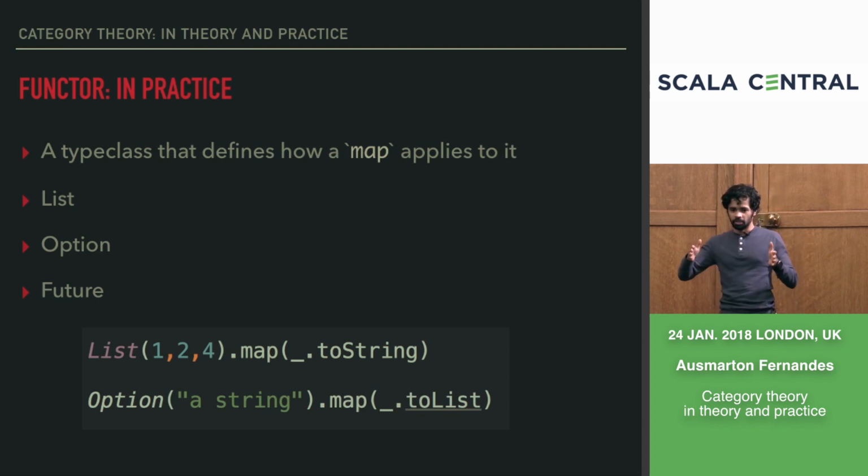We need to preserve that, so in this case we could think of the order as the morphisms between one element and the other element of the list. Similarly, even in the second example with the option of a string, the result of this would be a list of characters in the same order as they were put in.